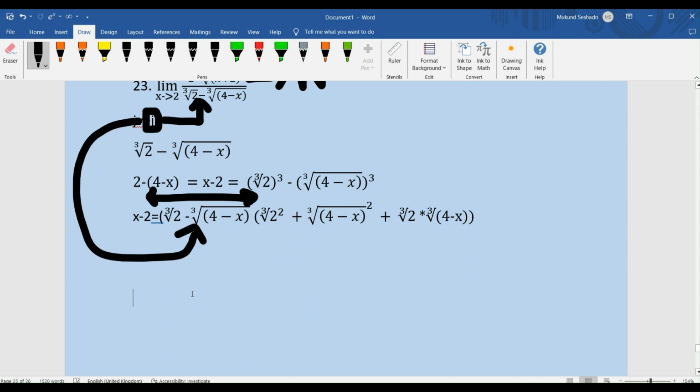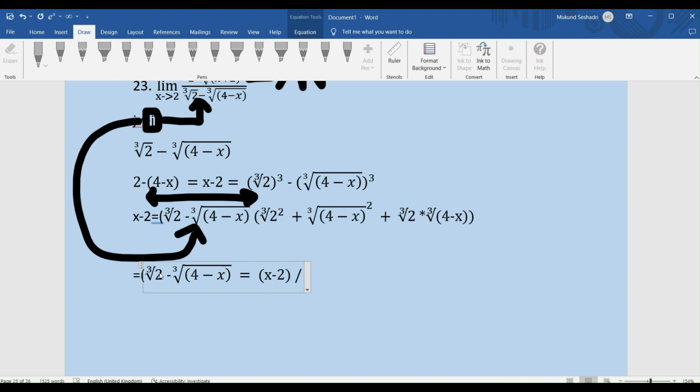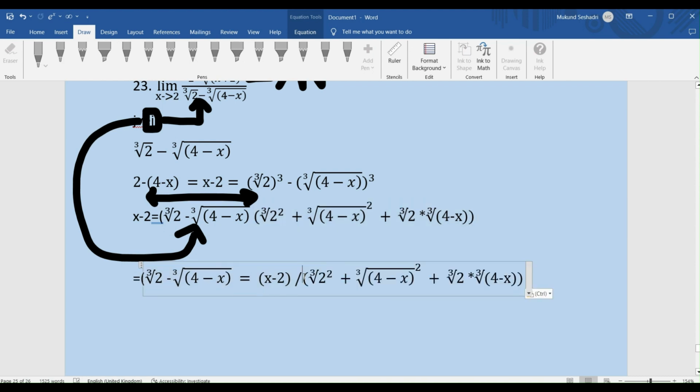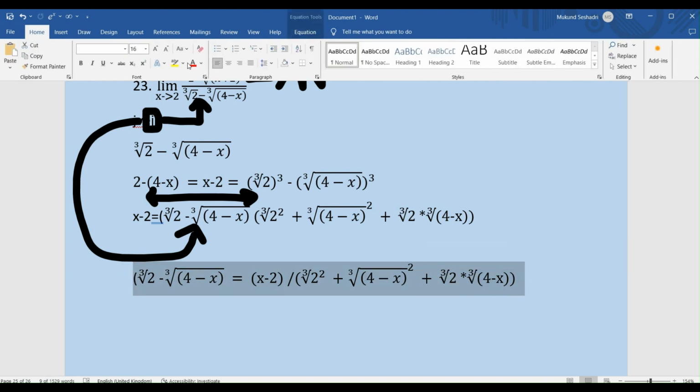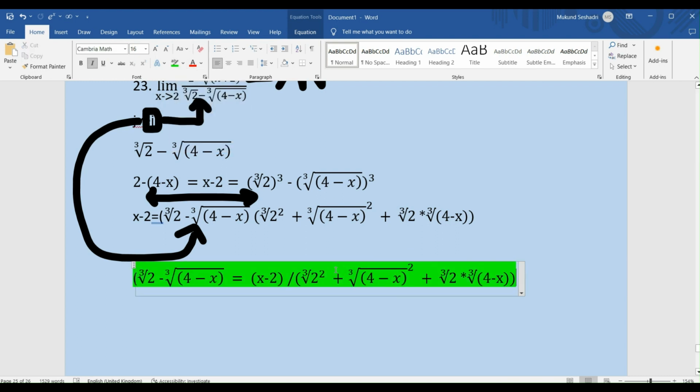So I'm going to write cube root of 2 as x minus 2 divided by this, right? Are we there? So let me highlight this and keep it as it is, right? Let me use the color green and highlight this. So I've rewritten the denominator like this.